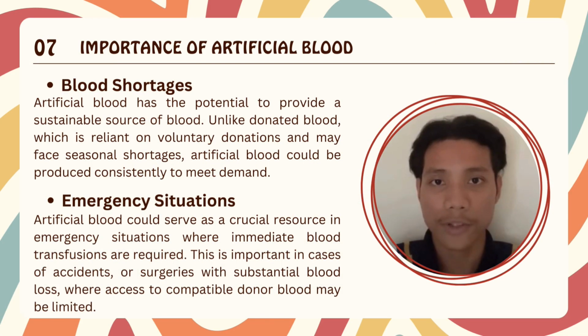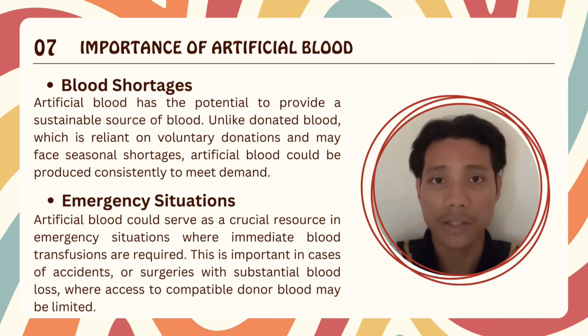Importance of artificial blood. First, blood shortages. Artificial blood has the potential to provide a sustainable source of blood. Unlike donated blood, which is reliant on voluntary donation and may face seasonal shortages, artificial blood could be produced consistently to meet demand.